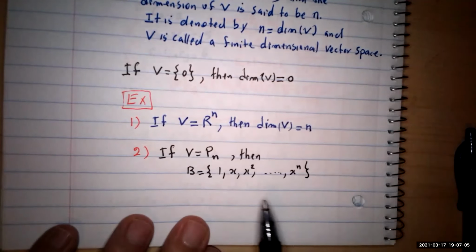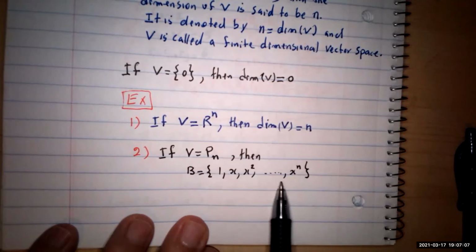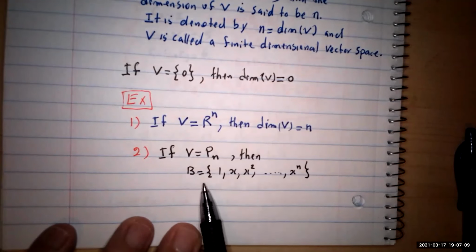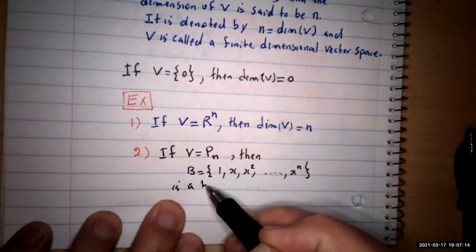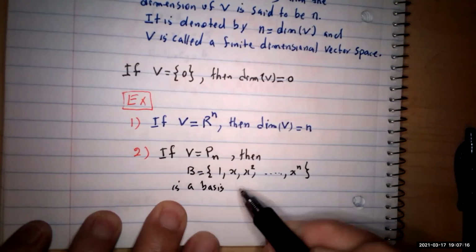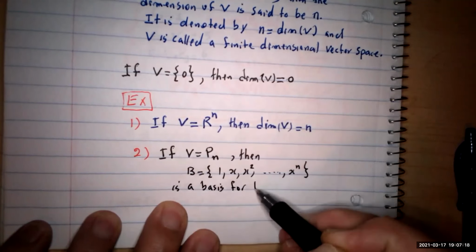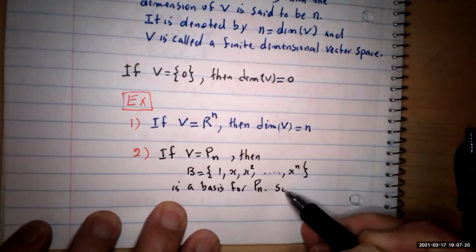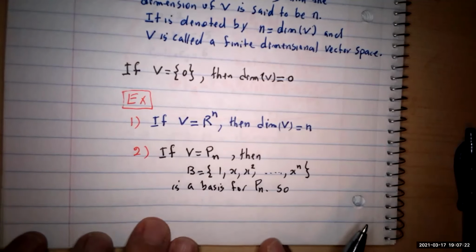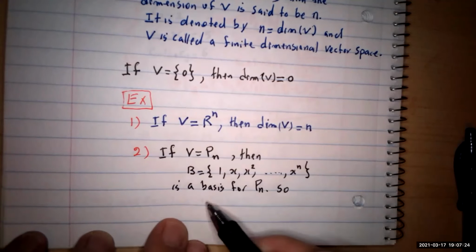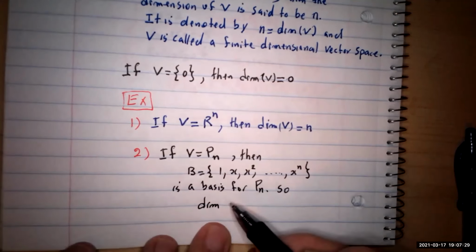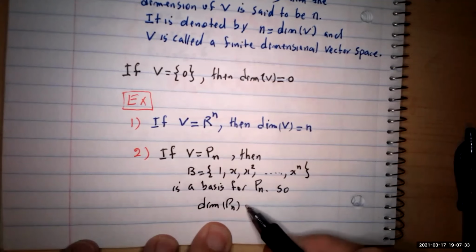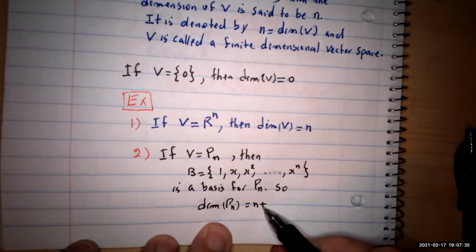You count these elements, and there are n plus 1 vectors in the basis. So the dimension of Pn is equal to n plus 1.